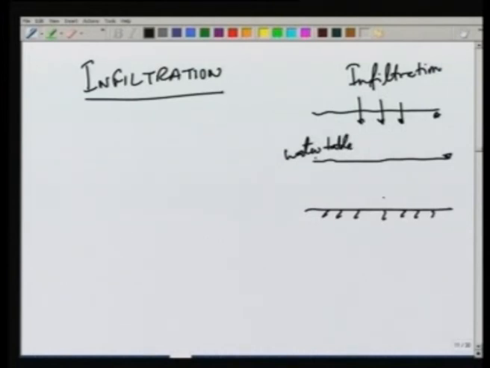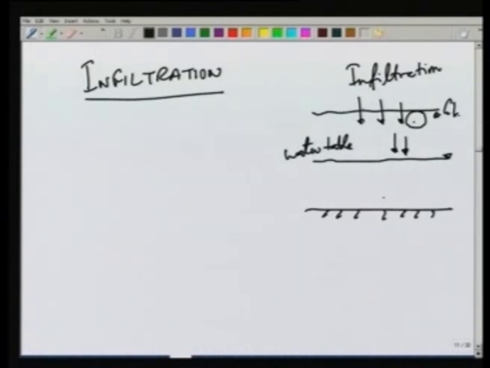So, this is the water table, and the water below this is known as the groundwater. Once this infiltration goes below the ground level, then it may be retained by the soil near the top, or it may percolate deeper and contribute to the groundwater.